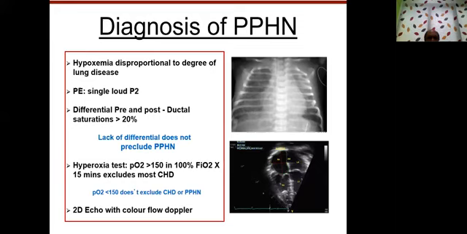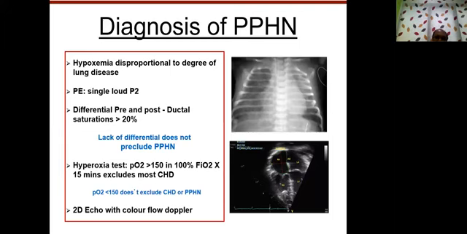If the PaO2 is more than 150, most of the time you can exclude congenital heart disease. But some congenital heart diseases may still have a PaO2 of less than 150, and we need echocardiography to clearly say that this child doesn't have congenital heart disease.